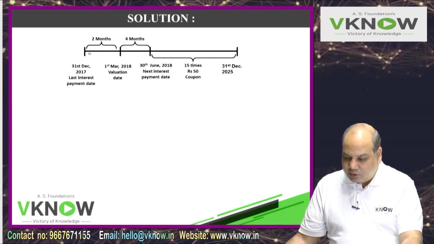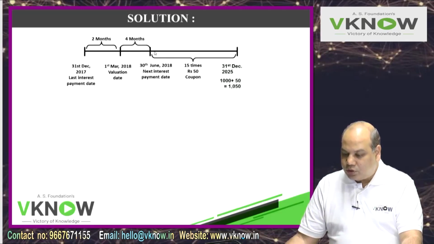The gap between last interest payment date and 1st March is 2 months. Write down here 2 months. And the gap between 1st March and 30th June is 4 months. Then write down in the corner 31st December 2025.